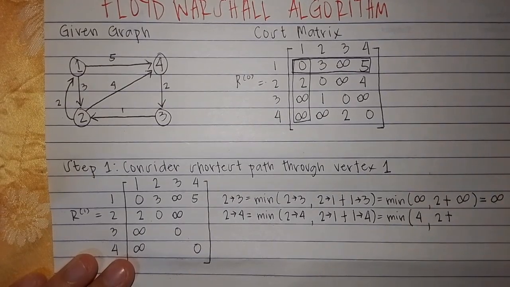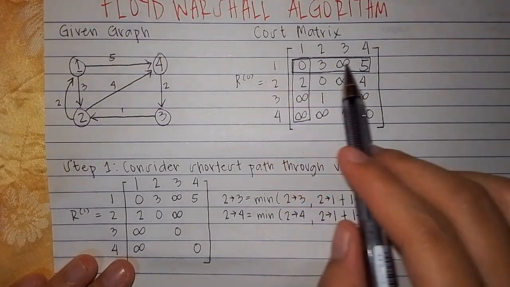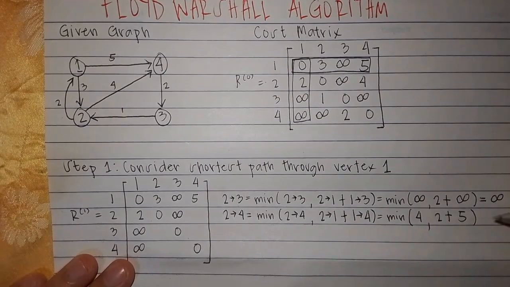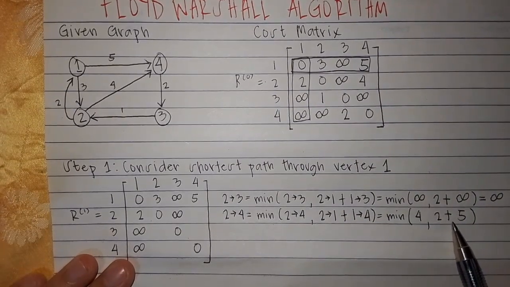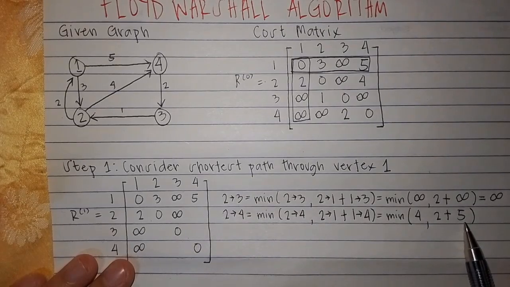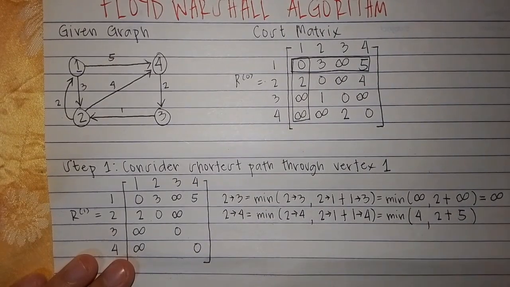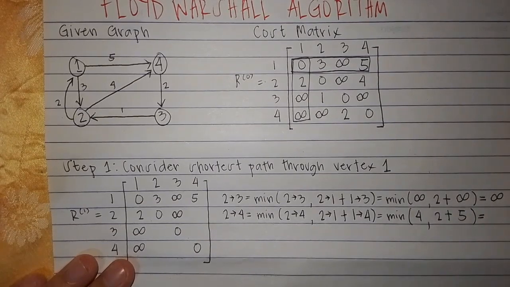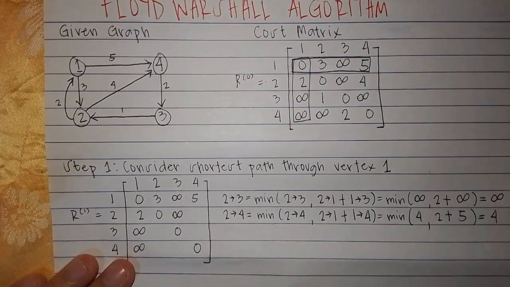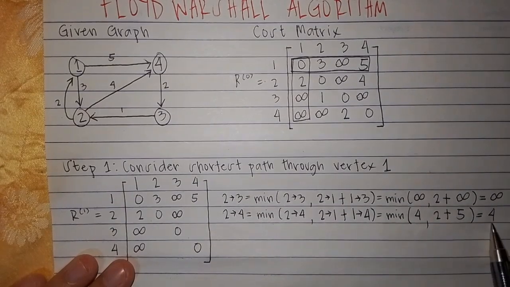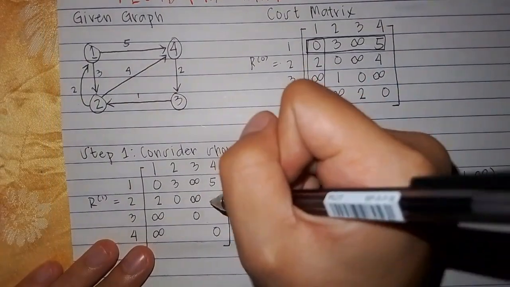Plus 1 to 4, the distance is 5. So 2 plus 5 is equal 7. But the minimum here is 4. So we will get this as 4. So 2 to 4, the value was 4. So we will put 4 in the matrix.